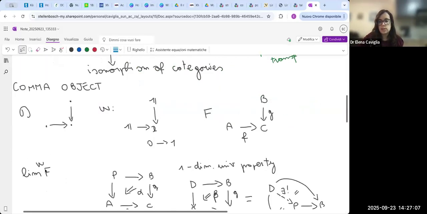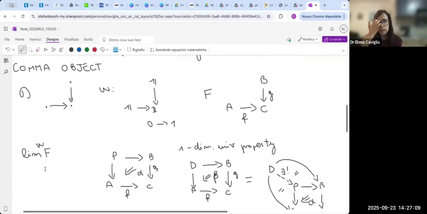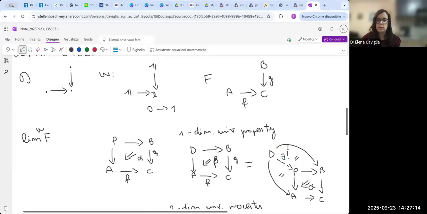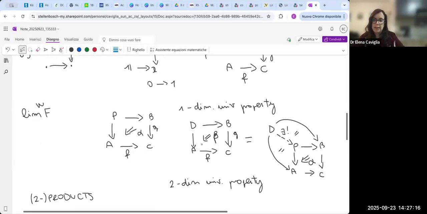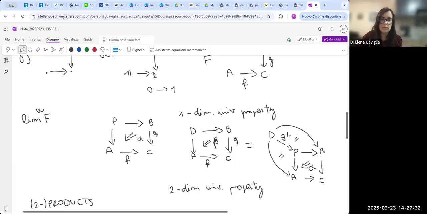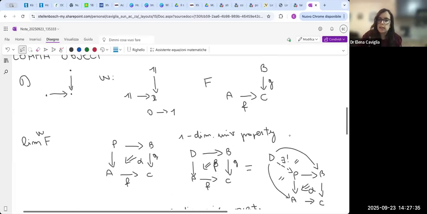And sometimes it's useful. The difference it has with the comma object is that in the one-dimensional universal property here, we don't have equalities in these two triangles. We don't have identity two cells, but we have an isomorphic two cell. So this is the bicomma object. And there are many other interesting bilimits.